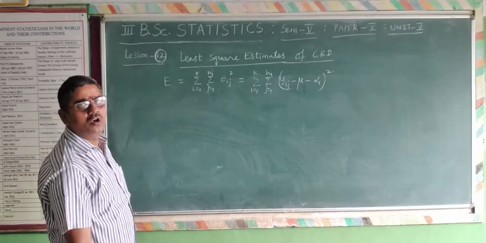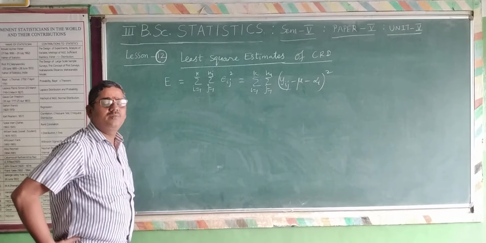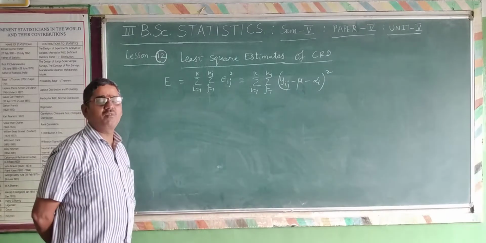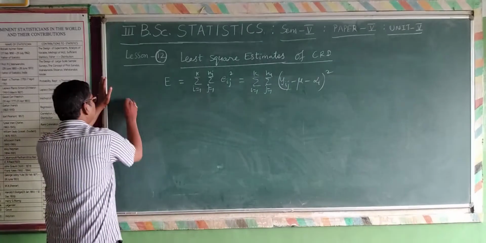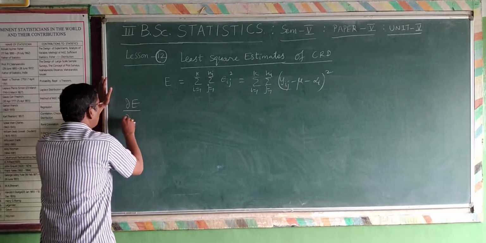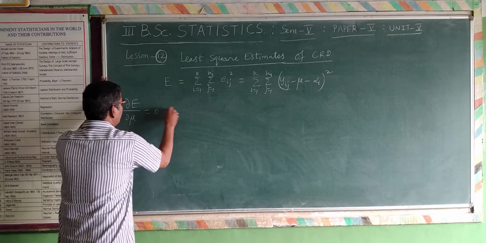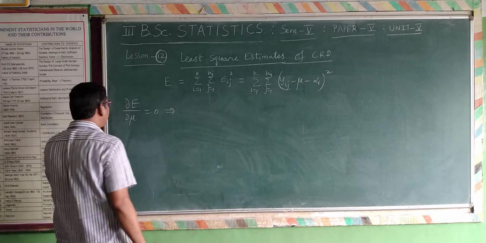Now we have to apply the principle of least squares. We differentiate with respect to mu to estimate the parameter mu. So partial E by partial mu is equal to 0, and we estimate the parameter mu.